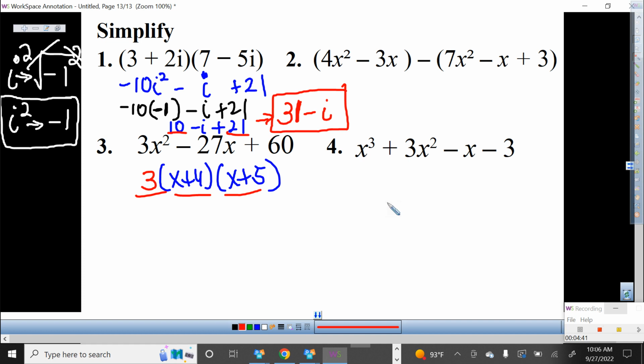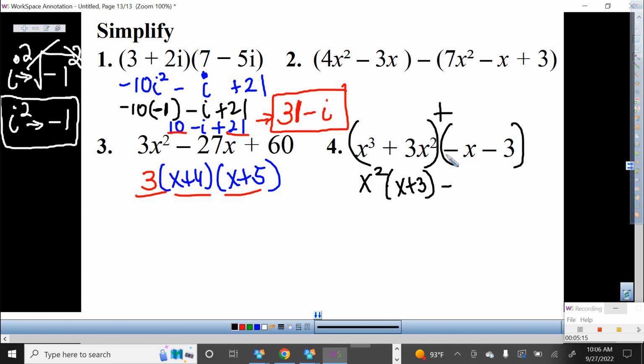Number 4. Pass someone, Samuel. Nayeli, what'd you get for number 4? x squared, x plus 3, okay. Oh, okay, so we grouped x squared for this, and we're left with x plus 3.